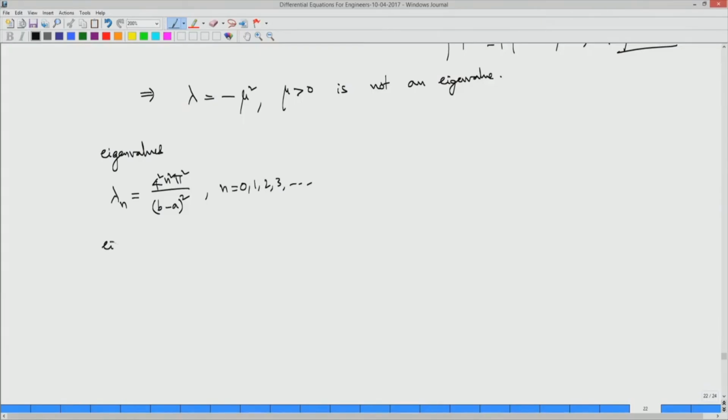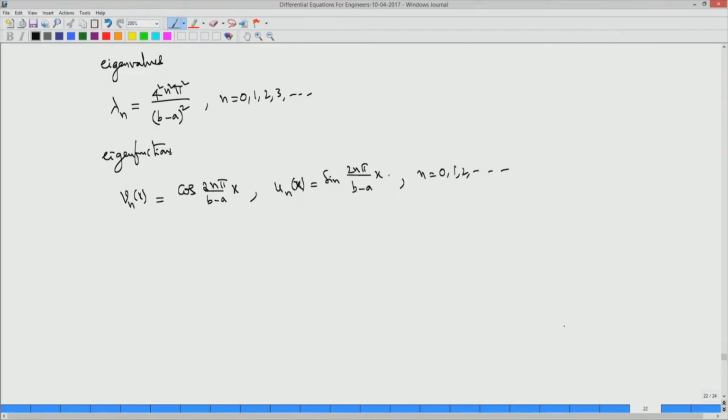The eigenfunctions you can call V n of x, which are cos(2n pi x by (b minus a)), and u n of x, which are sin(2n pi x by (b minus a)). Again n is running from 0, 1, 2, 3 onwards. So these are your eigenvalues and eigenfunctions.